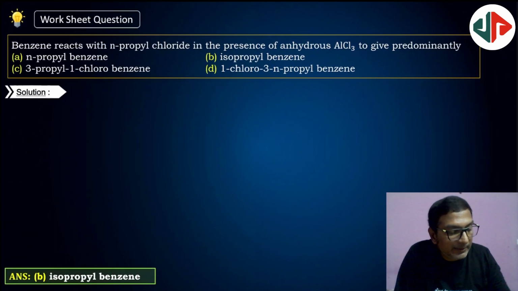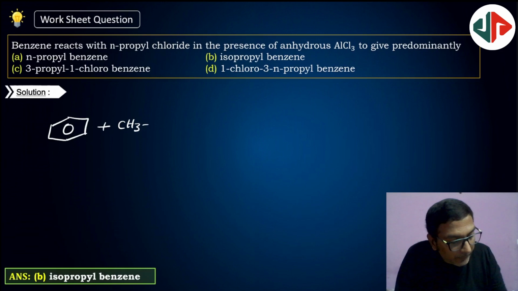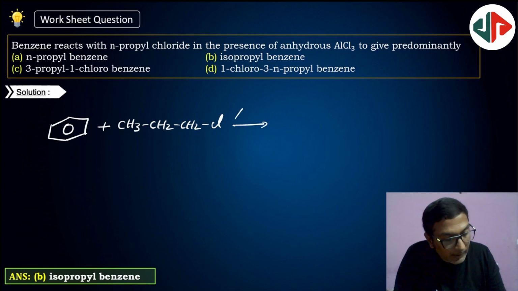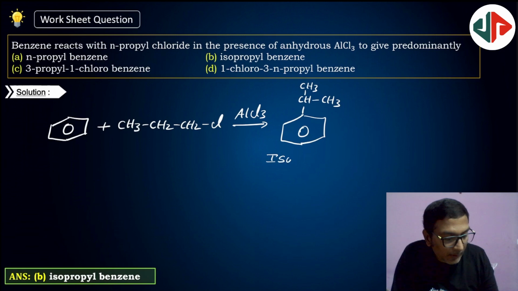Benzene reacts with N-propyl chloride in the presence of AlCl3 and gives isopropyl chloride, that means isopropyl benzene.